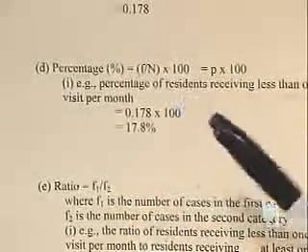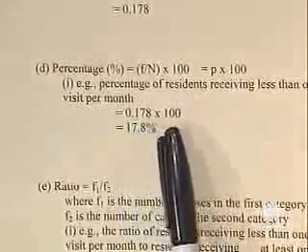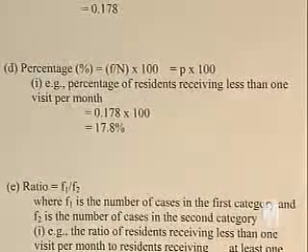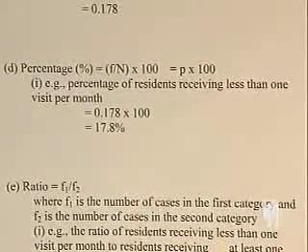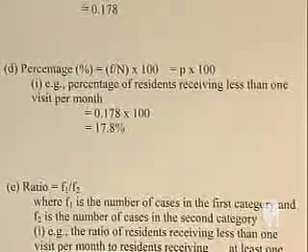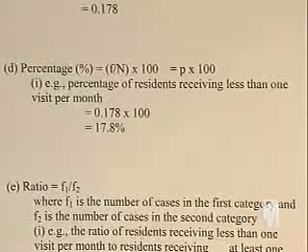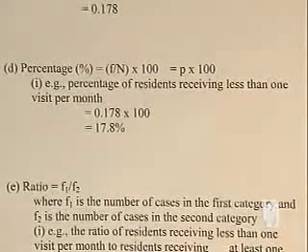So the percentage is the proportion P multiplied by 100. 0.178 multiplied by 100 is 17.8. That is, the percentage of the 90 residents who received, on average, less than 1 visit per month is 17.8. Are there any questions about the computation of the percentage?